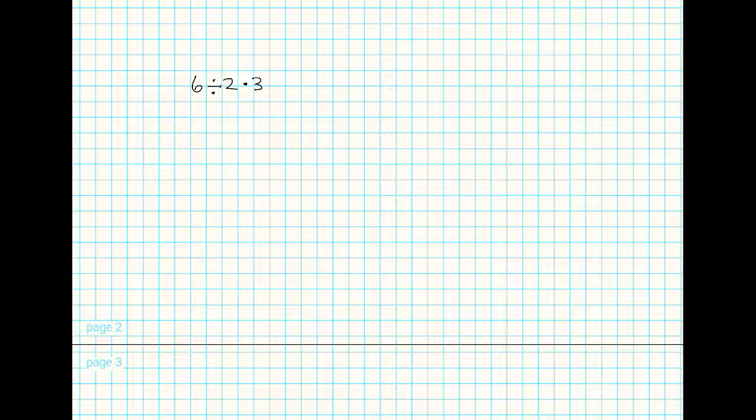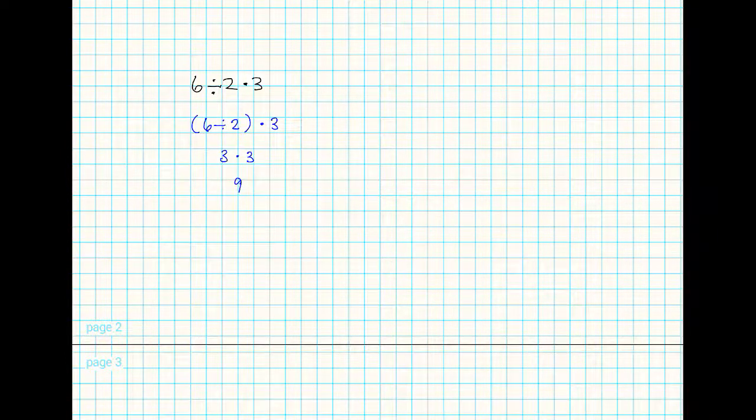And if you ask yourself which one I should do first, you might notice that you can get two different answers. So if I do 6 divided by 2 first, and then multiply that by 3, that is 3 times 3, which is 9.